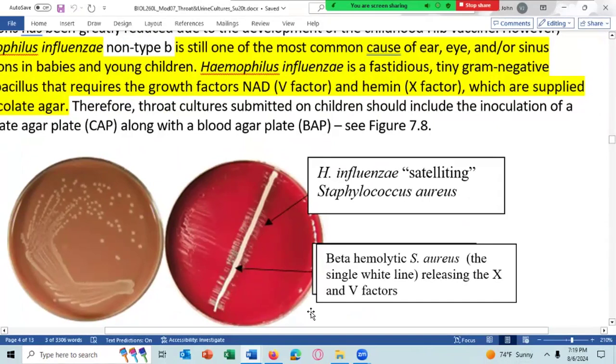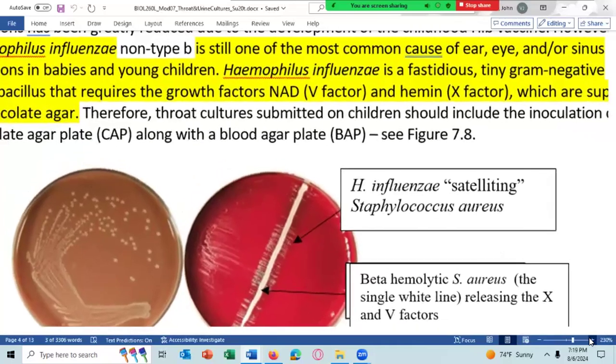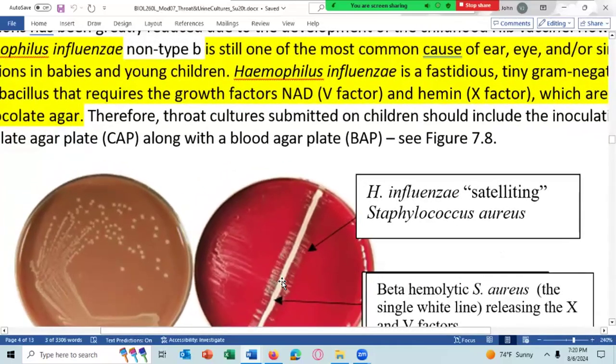You will note that the Haemophilus influenzae is growing near and around the Staphylococcus aureus, but it is not growing further away from the Staphylococcus aureus. And what's happening is the Staphylococcus aureus is lysing the red blood cells, which isn't shown here.